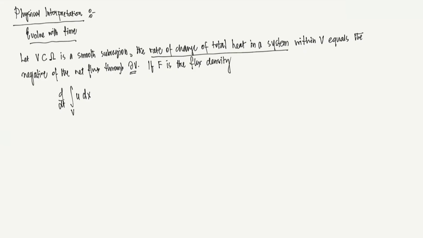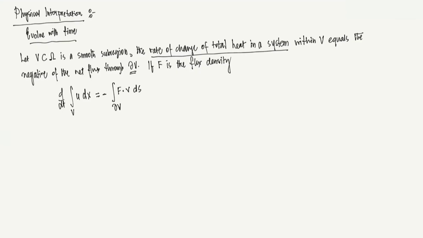You can think of u as the temperature at some point of the system in V. So the integral over V is how much heat there is, and d/dt of that is the rate of change with respect to time within V. Now that equals the negative of the net flux. The flux density is F, so it is the integral of F dot gamma dS, the net flux through the boundary del V.